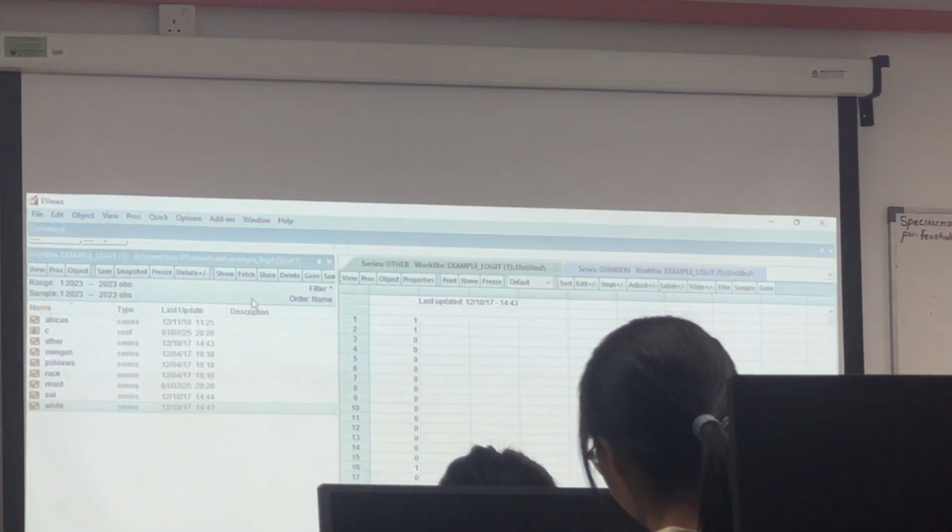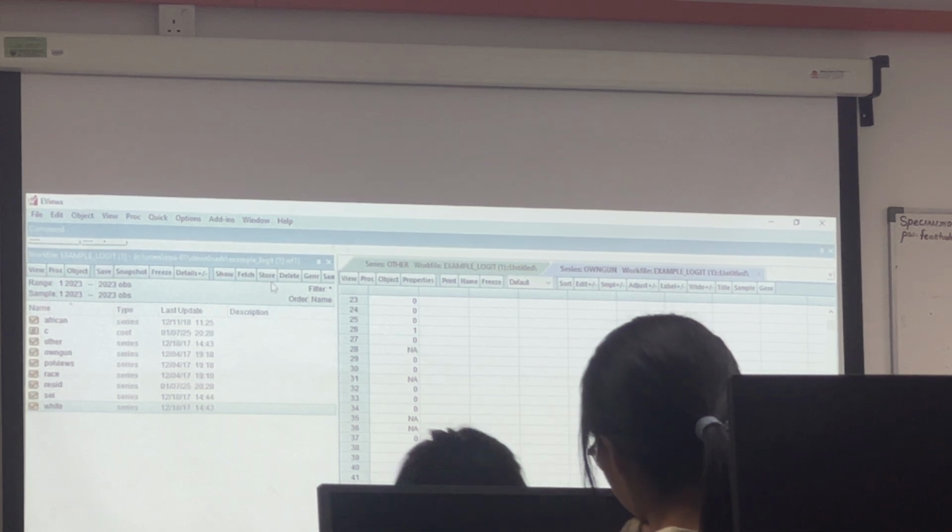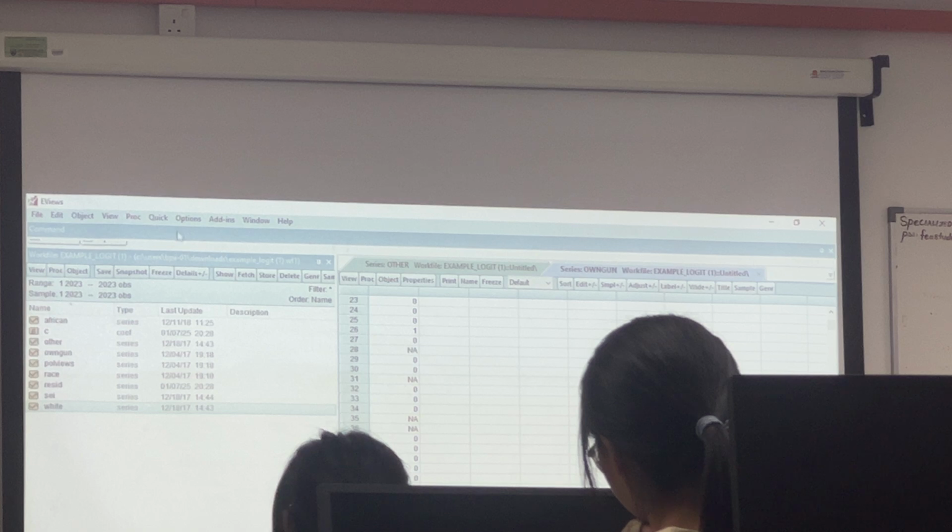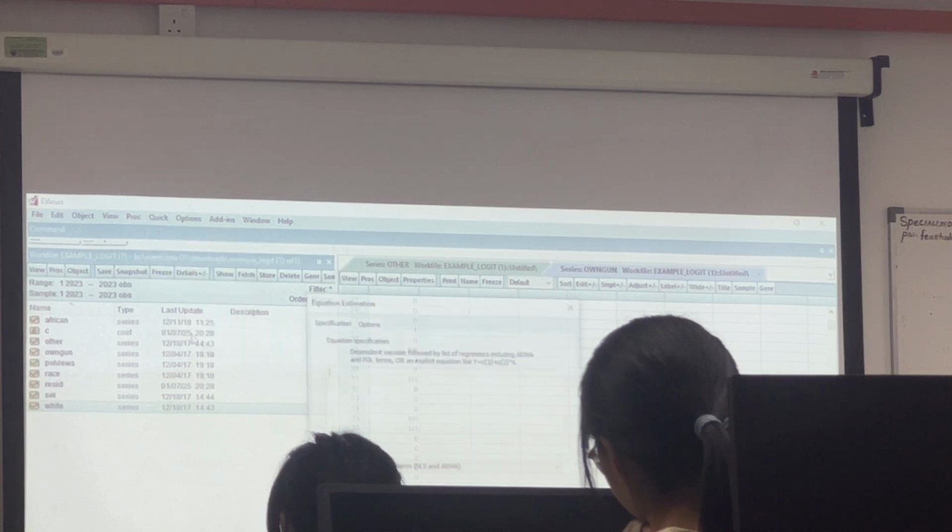Okay, so we re-estimate the model. We go to Quick, Estimate Equation.